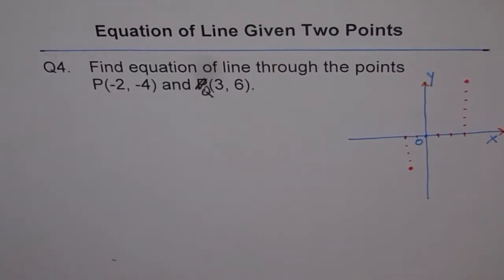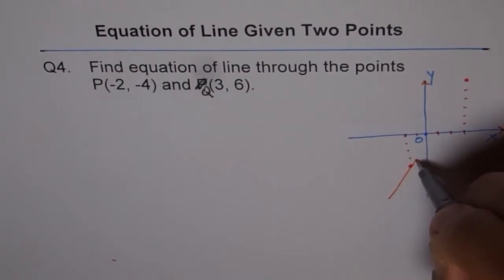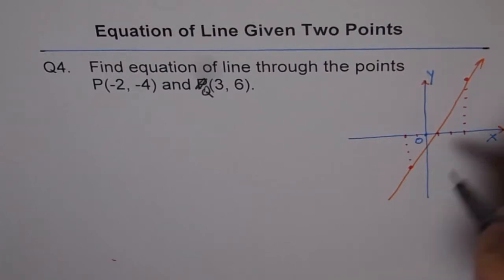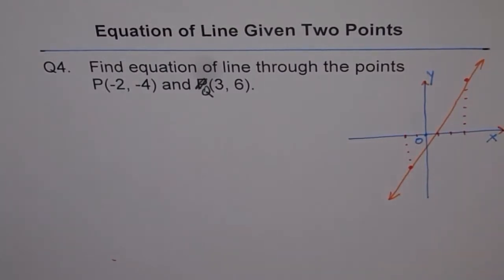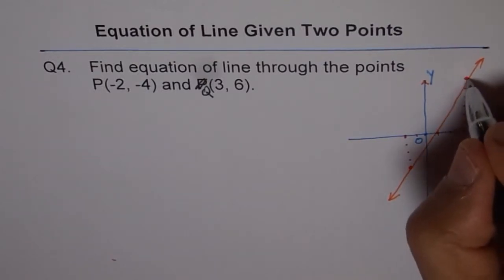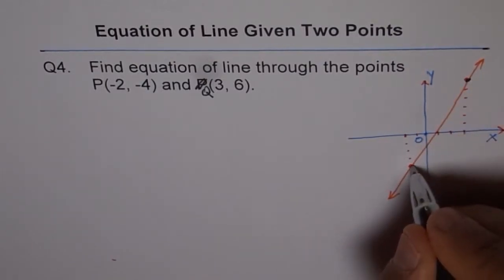Now when we join P and Q, we get our line which is going through points P and Q. So the line seems to be something like this. Let me join these points with a line, okay? So it goes like this. Near miss, but I think you can make out how. Let me put the point on the line.